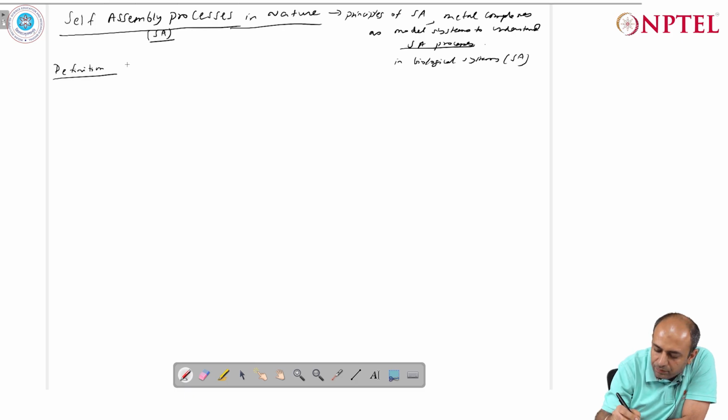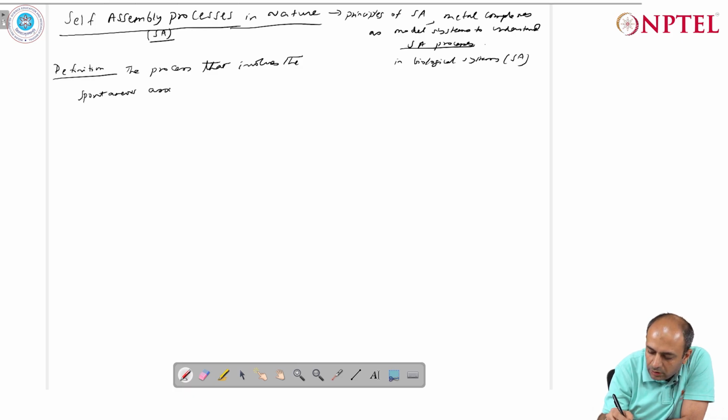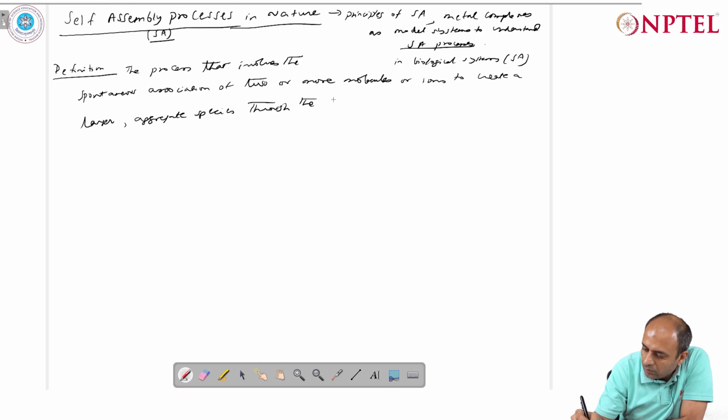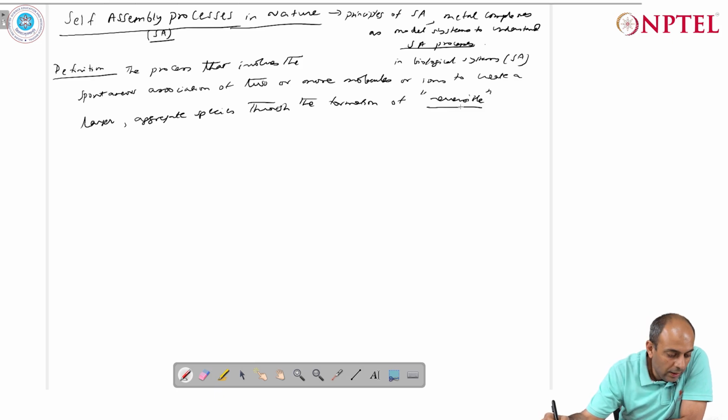So this is a process that involves the spontaneous association of two or more molecules or ions to create a larger aggregate species through the formation of, this is a very important point, reversible supramolecular interactions.